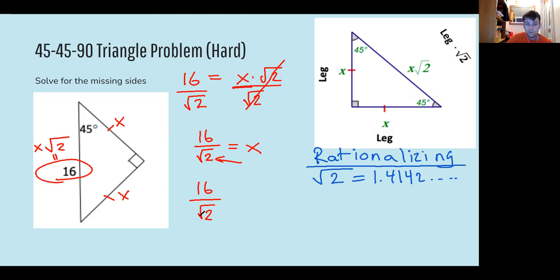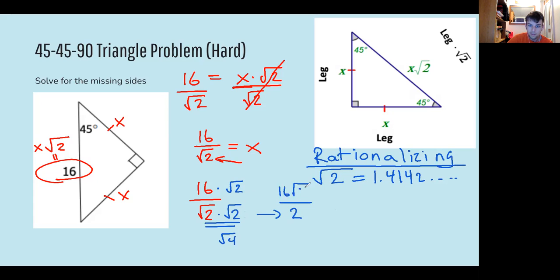So what we need to do is multiply the bottom and the top of this fraction by the same thing, by this radical. So we multiply the top and the bottom by the square root of 2. The square root of 2 times the square root of 2, which we get on the bottom, is the square root of 4, which becomes a 2. Square root of 4 is 2. And then on the top, we don't really do anything here.